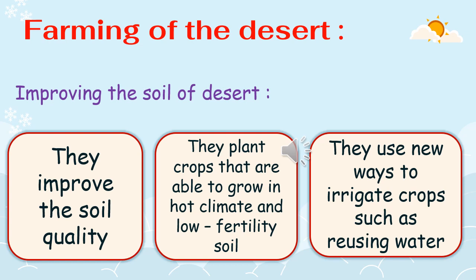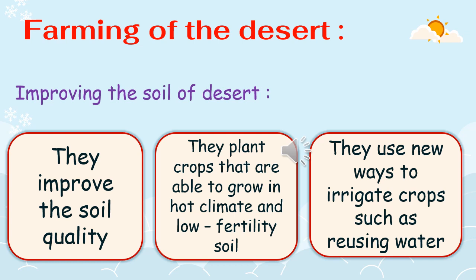And also they try to plant crops which are able to grow in the hot climate. As you know, most animals can't live in the hot climate, so we try to find animals which can live in the hot climate.